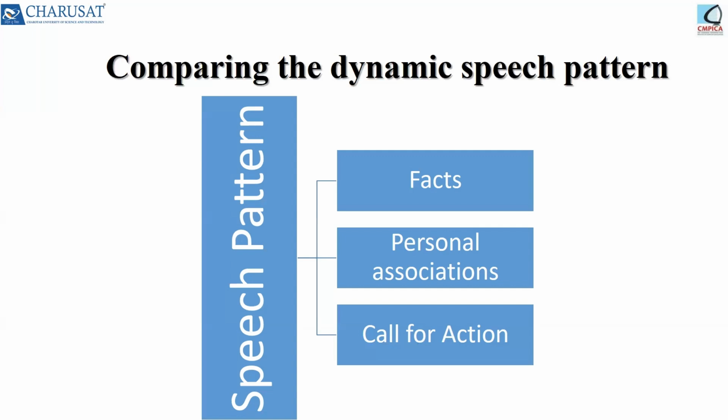So that is why we need to see that there's a purpose, a style, and a connect. With all of it, we adorn those with facts, personal association, and a call for action. In total, the six major things: purpose, style, connect, facts, personal association, and call for action will enhance your knowledge of oratory skills, help you develop better speeches, and give you the desired results in whatever speech you are participating in, right?